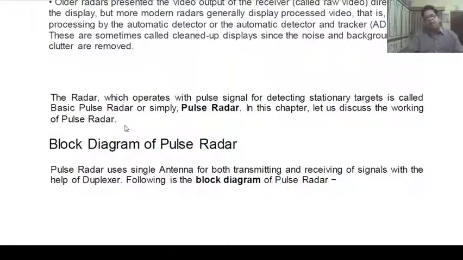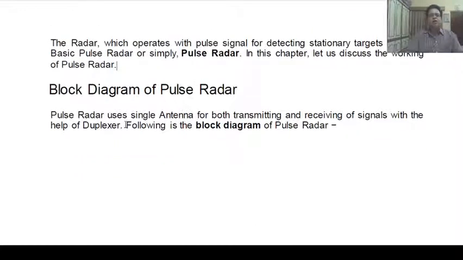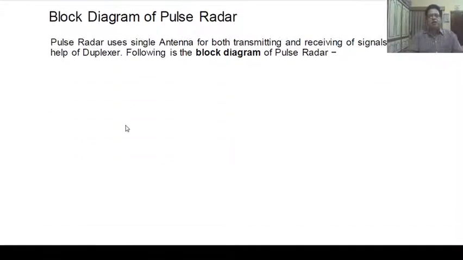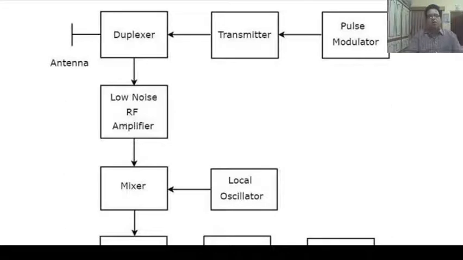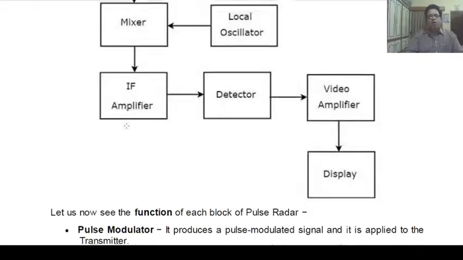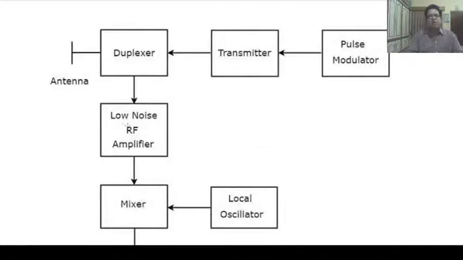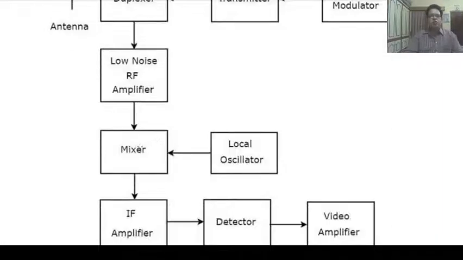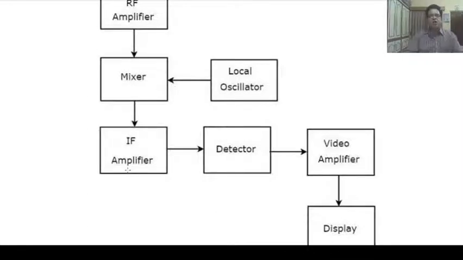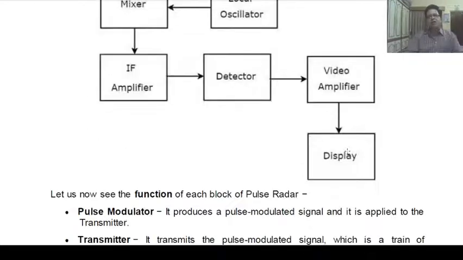If we want to study this topic and try to memorize it, a small block diagram of the pulse radar and its operation is given below. Here you see similar things: pulse modulator, transmitter, duplexer, antenna, low noise RF amplifier, mixer with local oscillator, IF amplifier, detector, video amplifier and display.